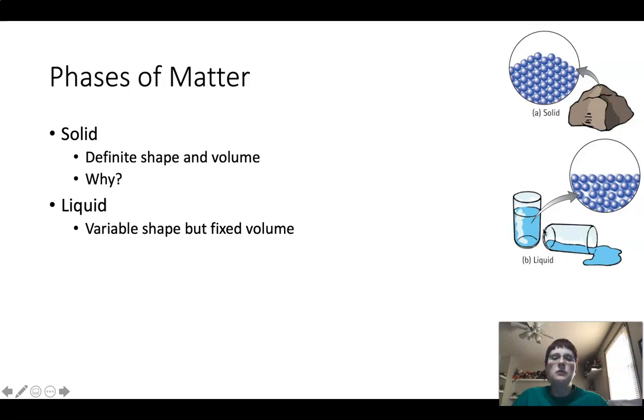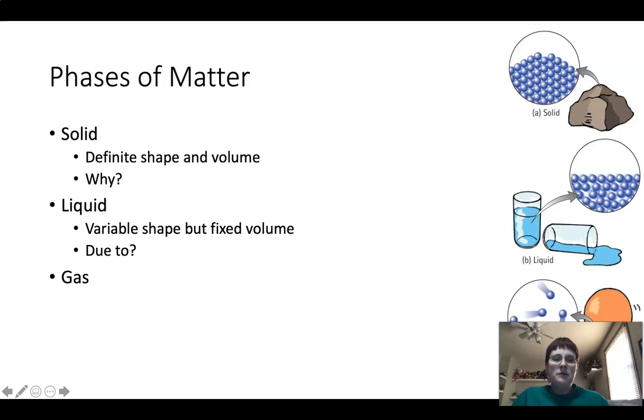So if you compress it, it won't change the shape of the container that it's in. It would end up breaking it. And that's due to those looser molecules, those spaces in between the molecules or atoms.